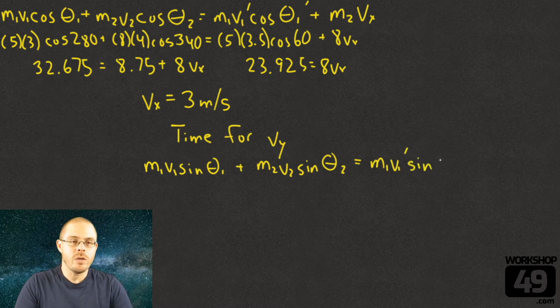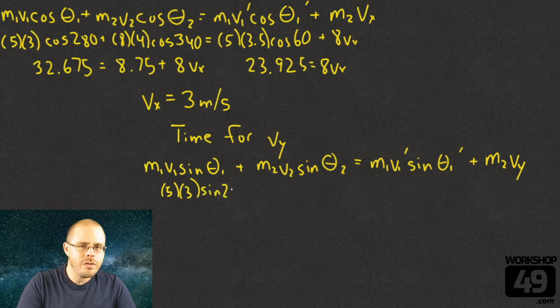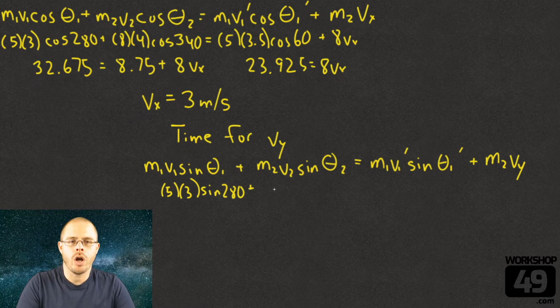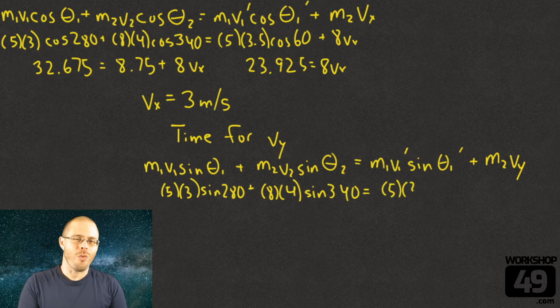Equals m1 v1 prime sine theta 1 prime plus our mass 2 times our y component of our velocity. We're just going to plug these things in. No problem. You just have to read these off the question. The mass of the first rock, the velocity of the first rock. In fact, you'll notice that this is identical to the x calculation, except that we're using sines instead of coses. So if you can do this once, you can do this twice.